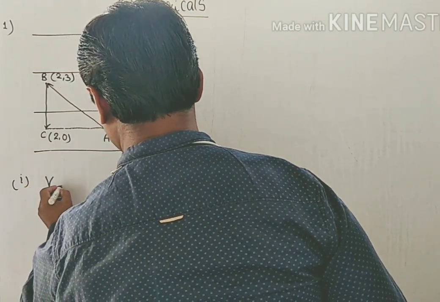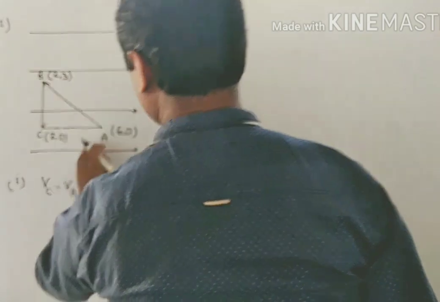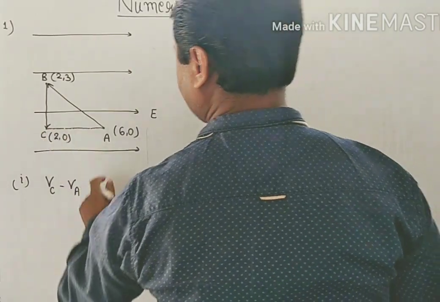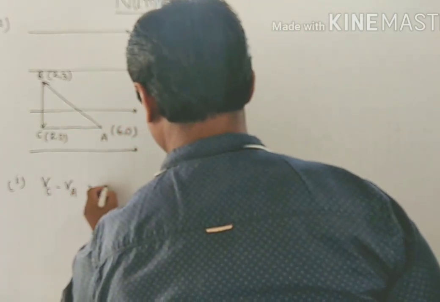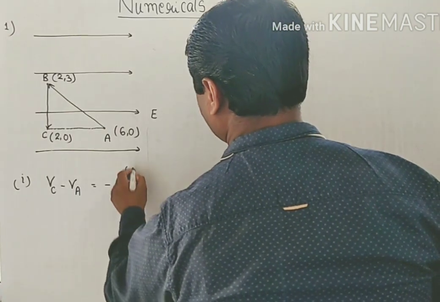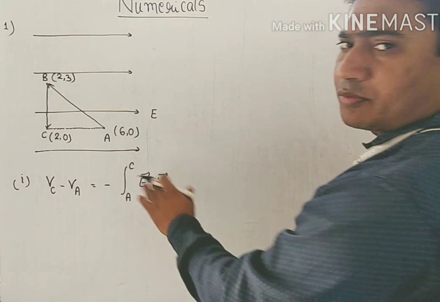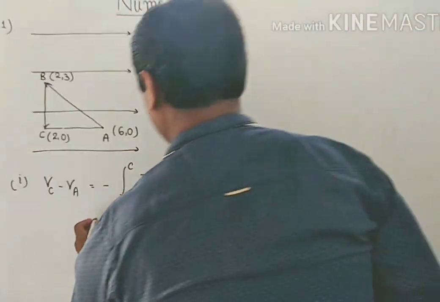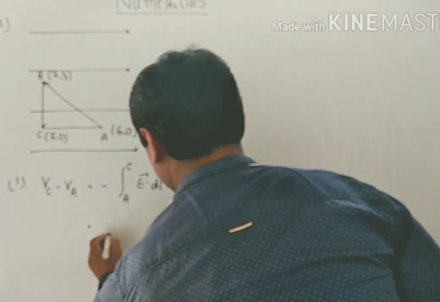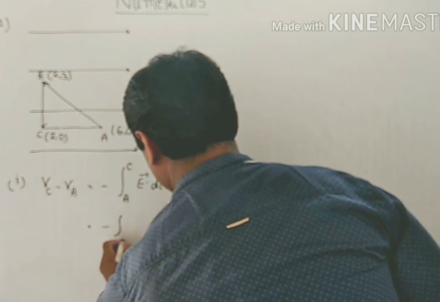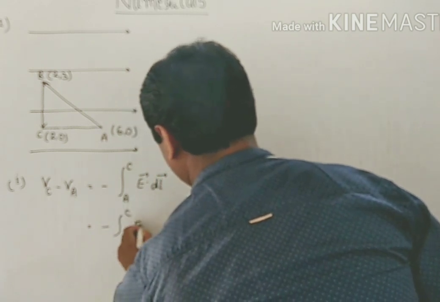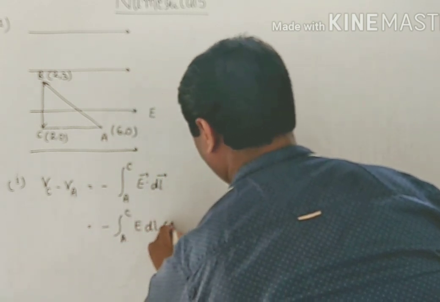So for the first part, we can have VC minus VA, the potential difference between C and A, which equals minus integral from A to C of vector E dot dl. This is the very basic definition of potential difference. Minus integral from A to C E dl cos theta.